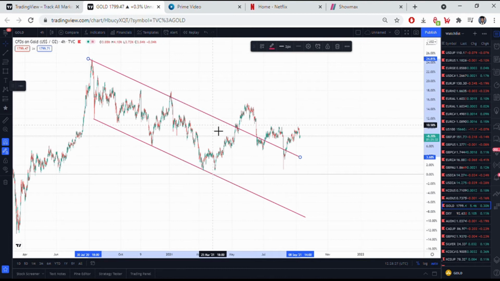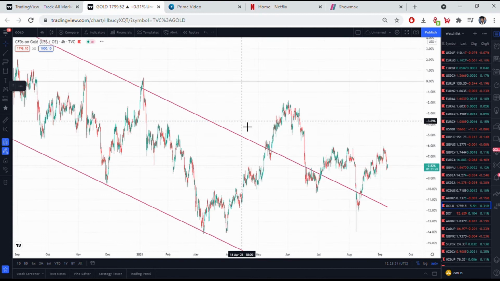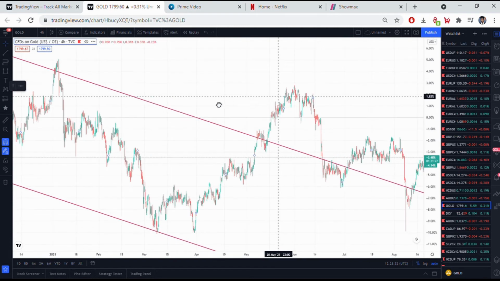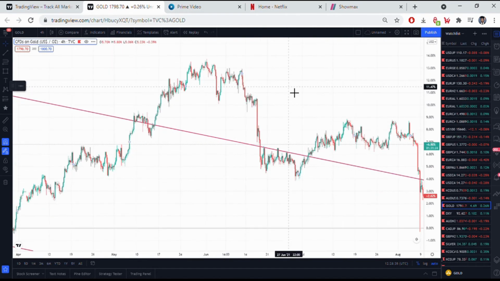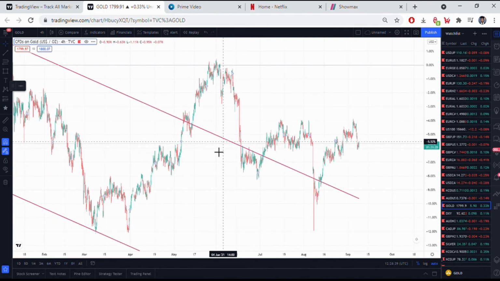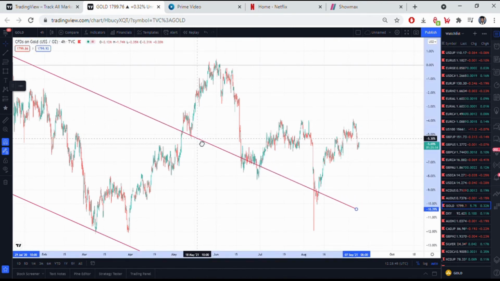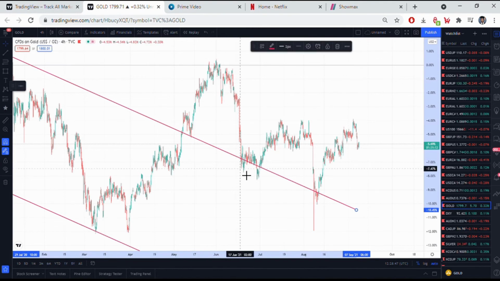However, if you notice here, the upper side of the channel, which is your descending resistance, has been compromised. It was broken out of, came back, retest, then pushed to the upside. All right, and then came back, retested again, pushed up, and then it was broken and then pushed up. So it's been compromised. I don't really take it into consideration at this point.